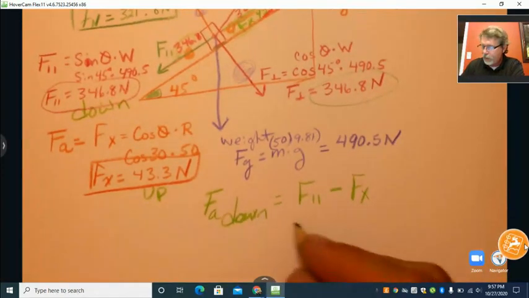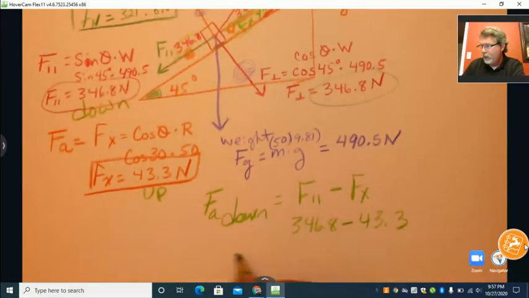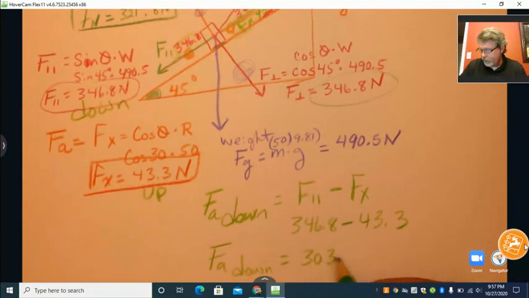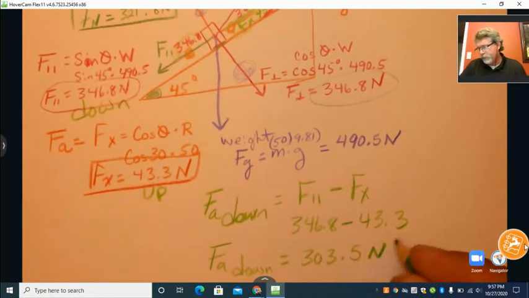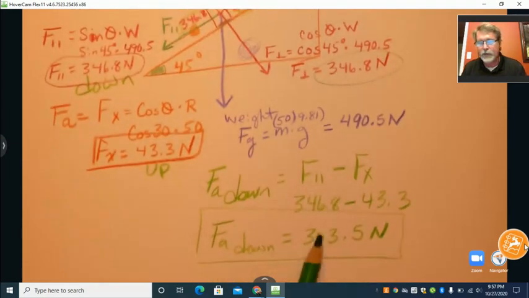So we know the force parallel is 346.8. We know f of x is the 43.3. So the force applied down the ramp is whatever this comes out to be, 346.8 minus 43.3, and I get 303.5 newtons, okay? So the force applied down is 303.